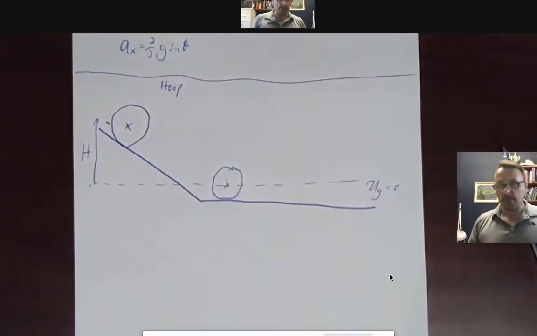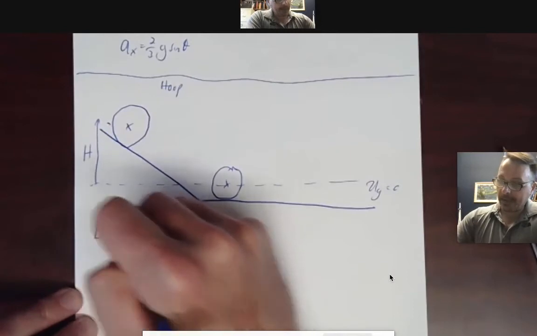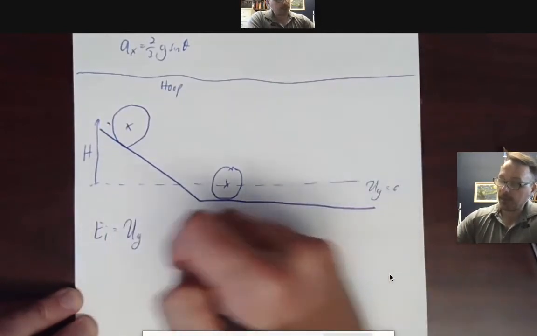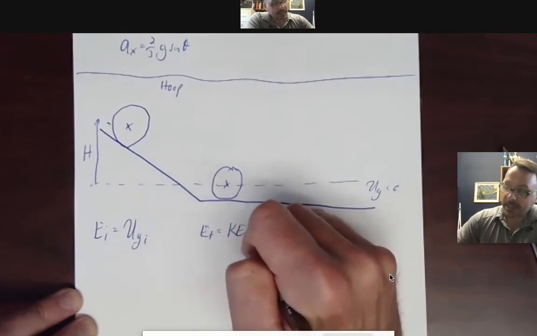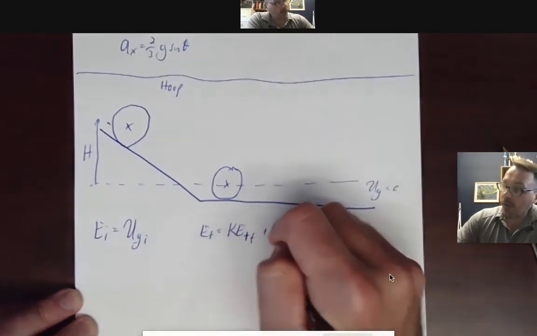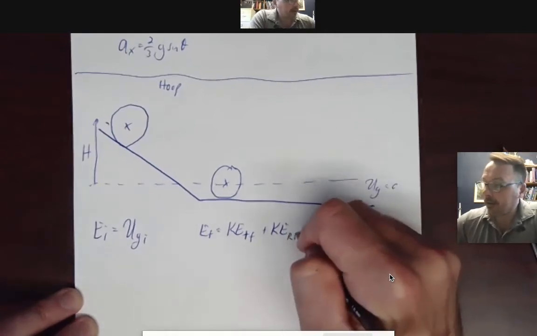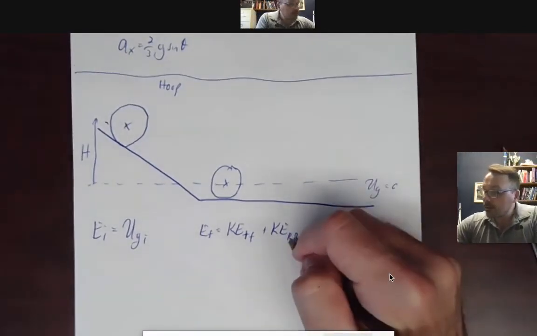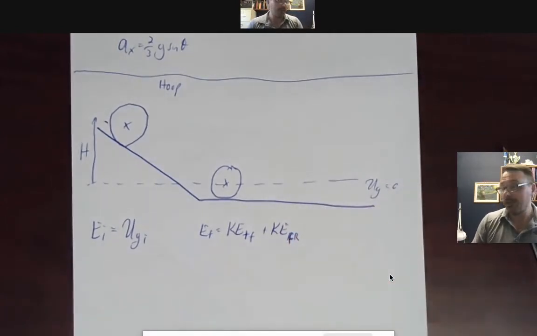What form or forms of energy does it have? Initially, it has gravitational potential energy. Finally, it has not only translational kinetic energy but also rotational kinetic energy, because it is both translating and rotating at the bottom.